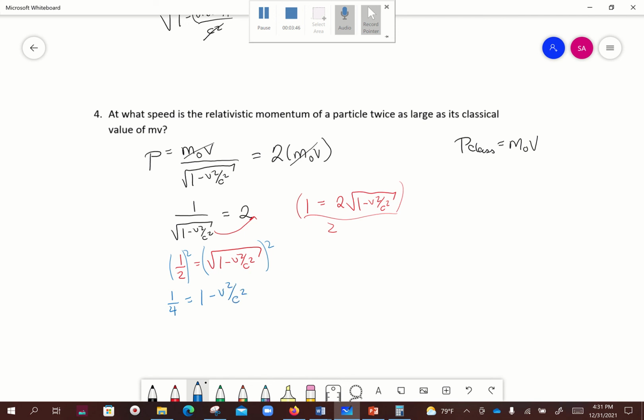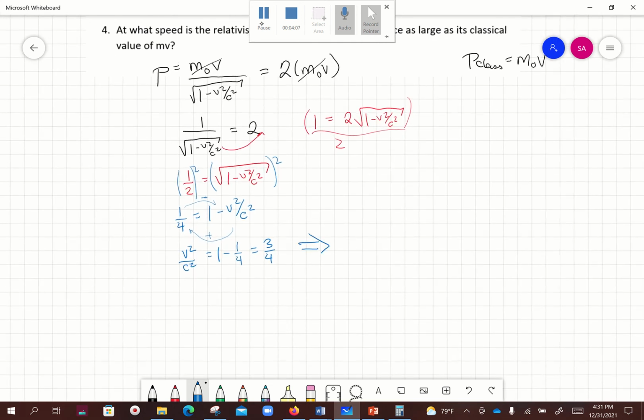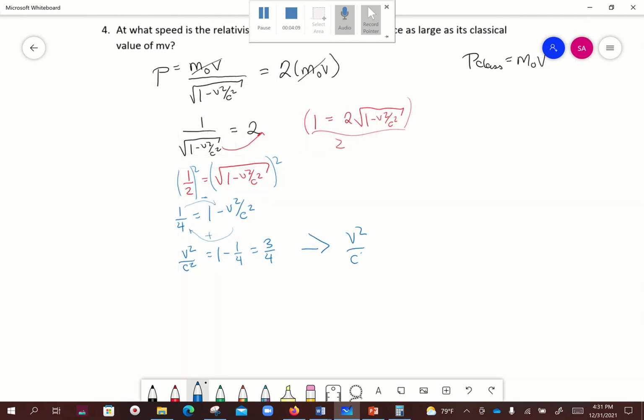Now I'm going to add that v squared over c squared over to that side and subtract the 1/4 over, so I get v squared over c squared is equal to 1 minus 1/4. And 1 minus 1/4 is just 3/4, right? So v squared over c squared is equal to 3/4.